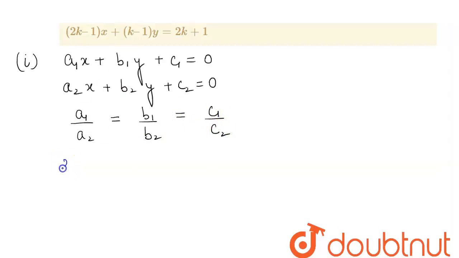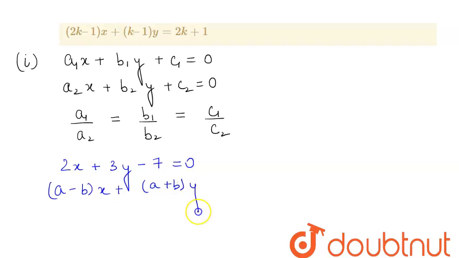So now our equations are 2x plus 3y minus 7 is equal to 0 and (a minus b)x plus (a plus b)y minus (3a plus b minus 2) is equal to 0.